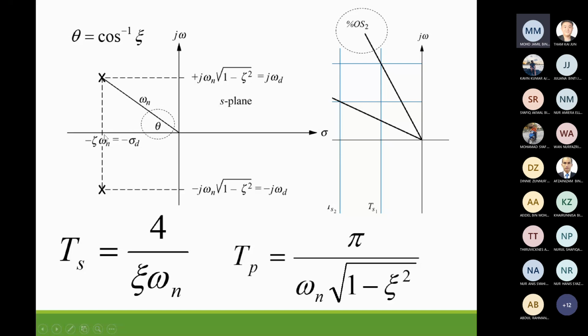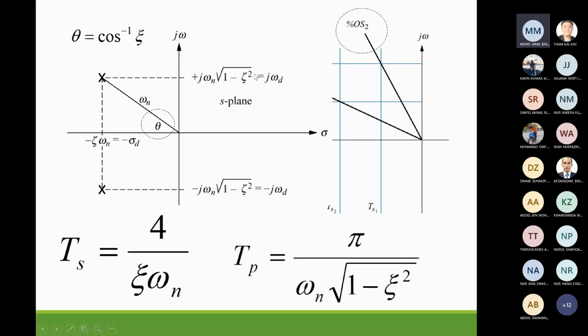And then the real axis value of the pole is negative damping ratio times omega n, which equals the real part of the poles. And the positive imaginary part of the poles will be omega n times square root of 1 minus damping ratio squared.